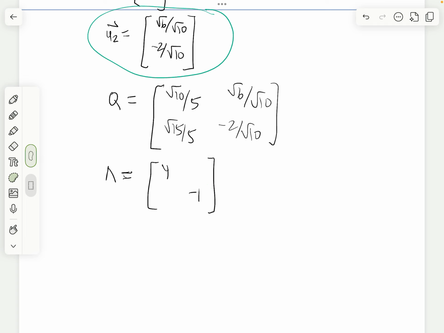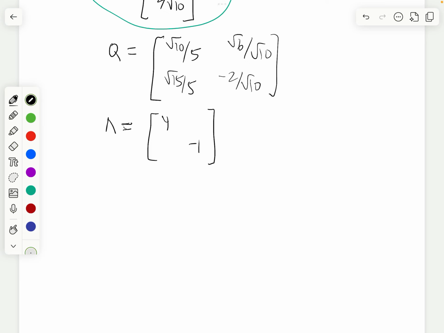And typically when you write lambda, you can swap the order and put the negative 1 first and then the 4 instead of the other way around, but typically you make the first entry the biggest, the most positive number, so from greatest to least when you write from left to right. Okay, that's a convention.